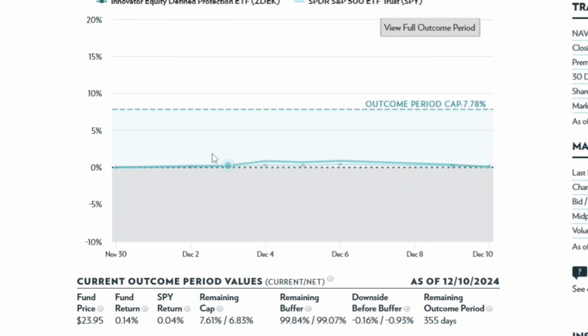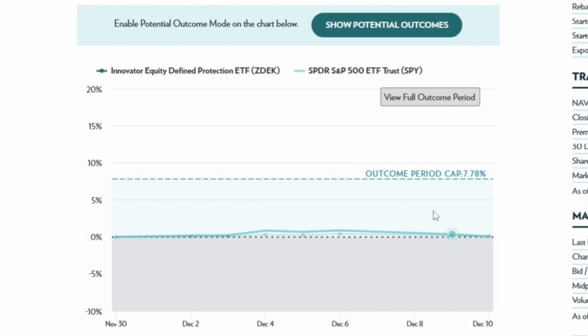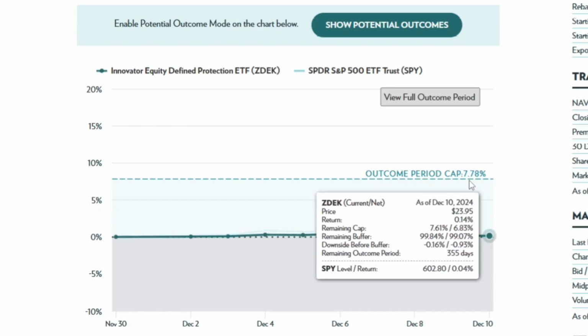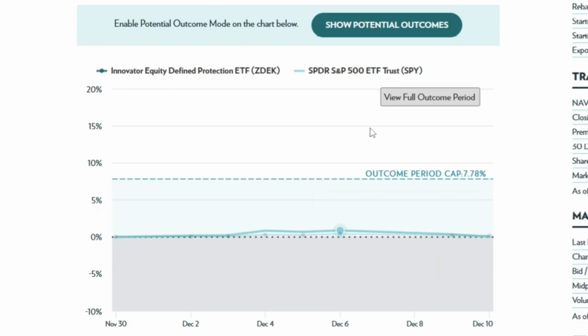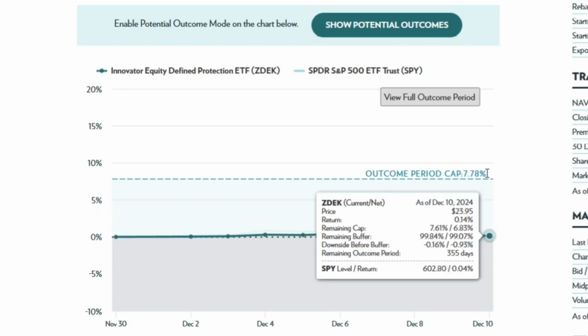So I'll give you an example in this scenario. Say the S&P for 2025 goes up 10%. What that would end up meaning is you would cap out at 7.78%, then you would only get 7.78% even if the S&P goes up 10% or 20% or 30%. It doesn't matter. That's where you would cap out.